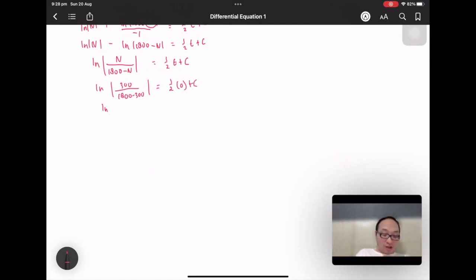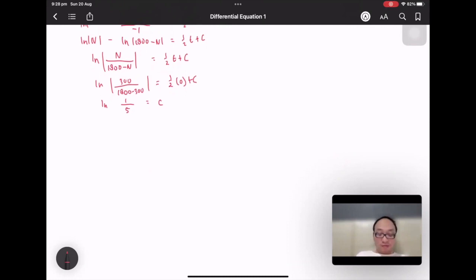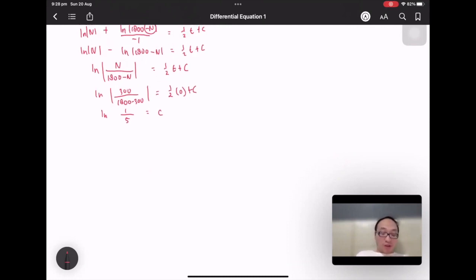So this is ln 1 over 5 equals c. So the full equation will be ln of n over (1800 minus n) equals half t plus ln 1 over 5.